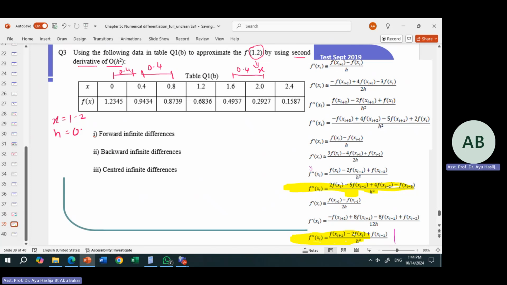Now, second derivative. You look at f double prime. Forward, backward, and centered for O(h) level 2.